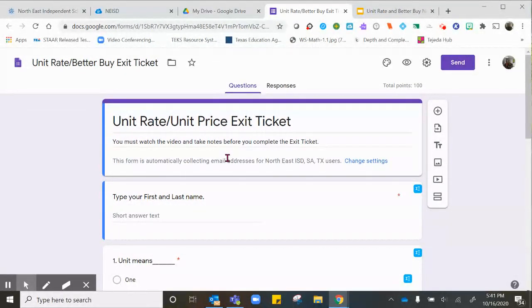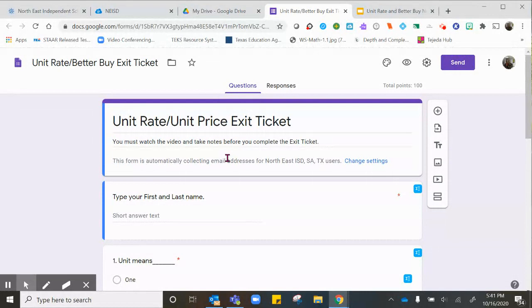If you cannot for any reason, then this exit ticket is due by 11:59 p.m. the same day. Okay, so once again, expectation, complete this during class time. Especially if you're in person at school, you should be working on this. There's no reason for you not to do anything other than math work during math class. All right, getting off my soapbox now.